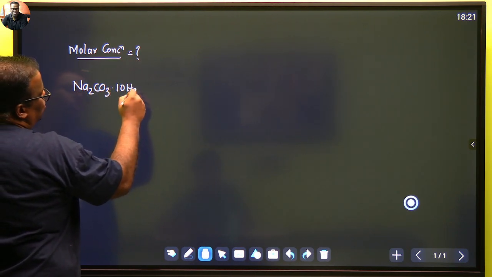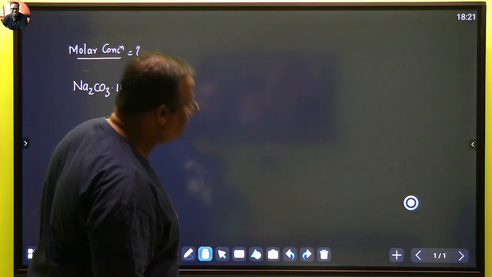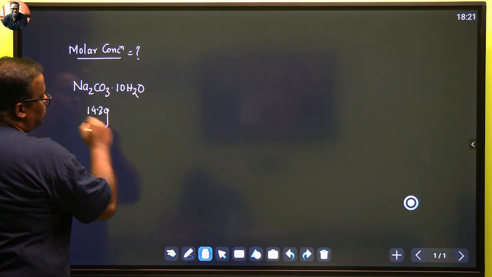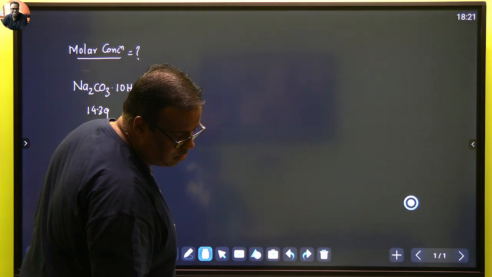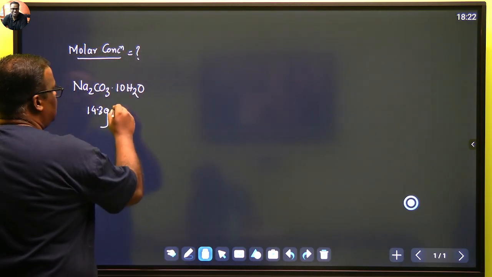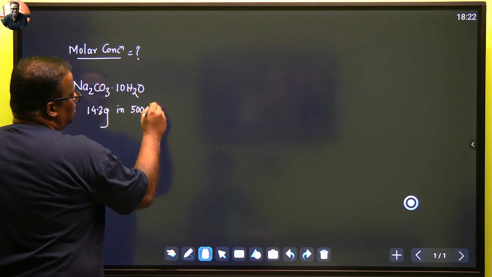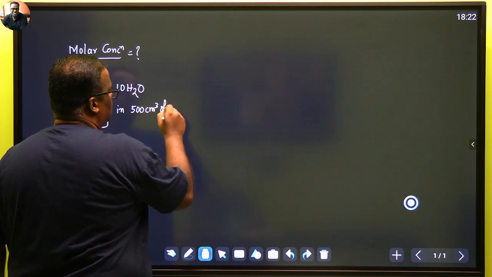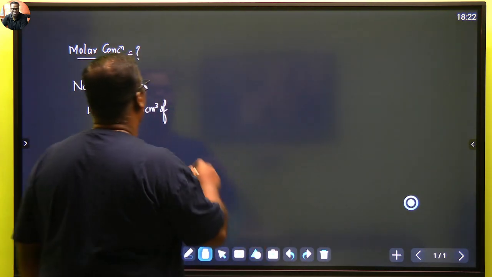This is washing soda, hydrated. Be very careful: 14.3 grams of sodium carbonate, and this is in 500 centimeter cube of distilled water.